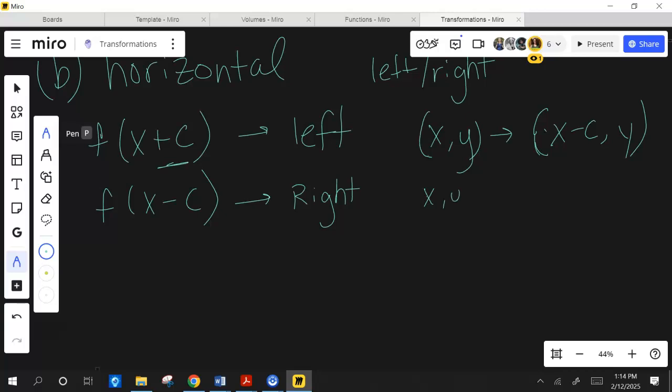This is just what you have to do. Remember X is opposite, and it will help you. It's opposite when we do dilations and compressions and stretches. X is always opposite.